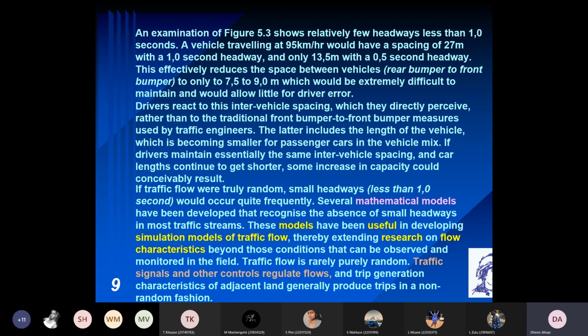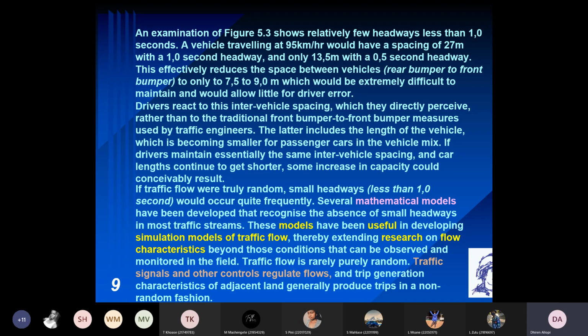With this slide, the only point I want to highlight is that several mathematical models have been developed showing the relationship between flow, speed, density, headway, spacing, and so forth. Various research has been conducted on flow characteristics, and it assists in traffic signals for signalized intersections and so forth.